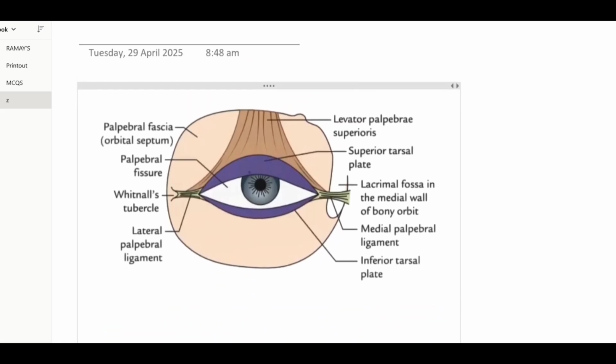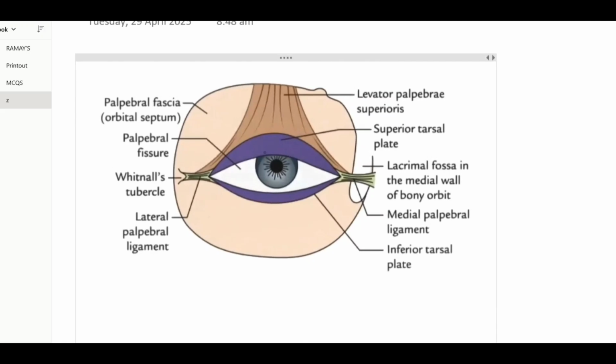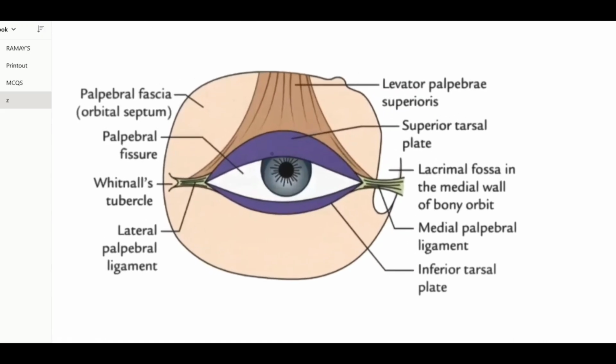So have a look at this diagram. This structure present here is the tarsal plate. This is the tarsal plate of the upper eyelid. This is the tarsal plate of the lower eyelid. Okay, it is thicker in the center and tapers towards the periphery.